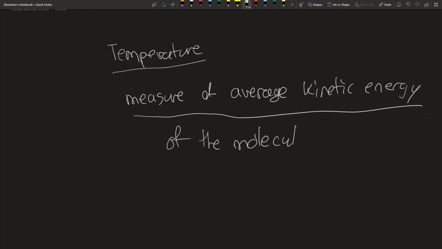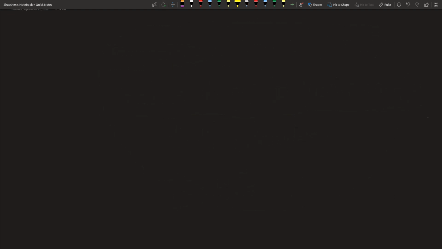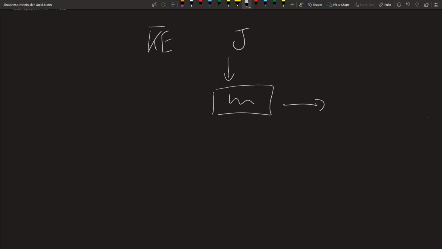But this does not mean that temperature is kinetic energy. No, that's completely false. You can think of it like this. Kinetic energy is measured in joules. We add joules to a system, and then its temperature increases.